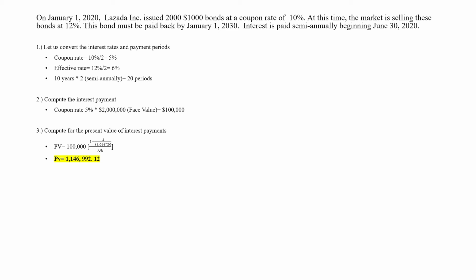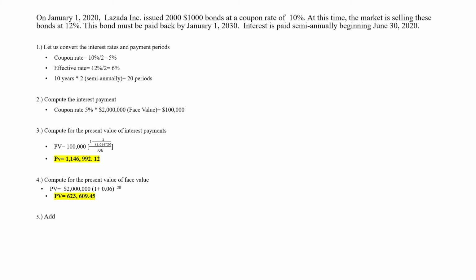Next, we compute for the present value of the face value. So that's PV equals 2 million times 1.06 raised to the power of negative 20. We got the figure $623,609.45.